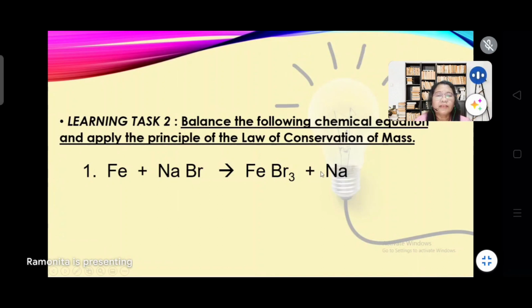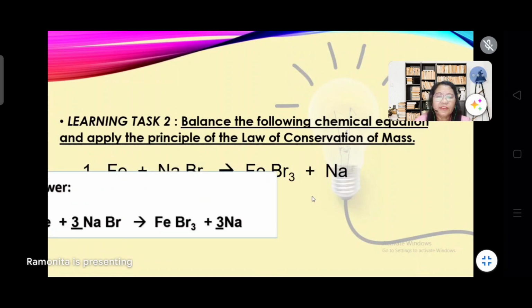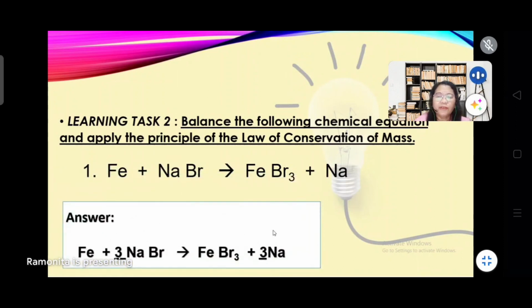Okay, analyze the equation and apply the principle of the law of conservation. Okay, let us now check your answer whether we have the same answer. We have here iron plus 3 moles of sodium bromide produce ferric bromide plus 3 moles of sodium.